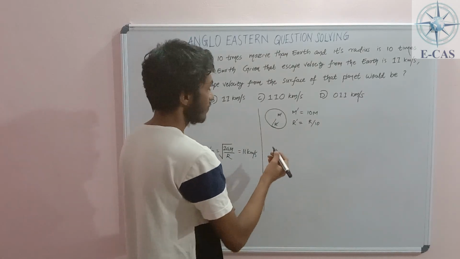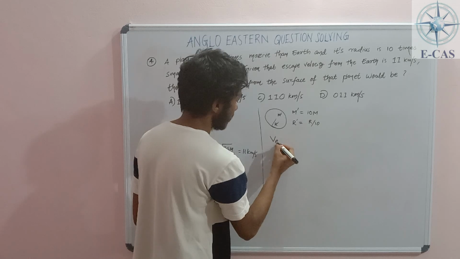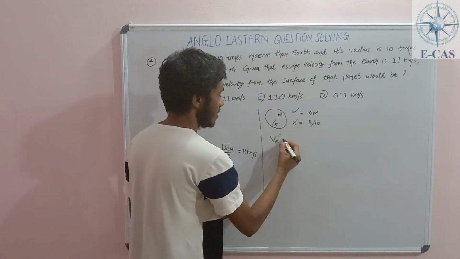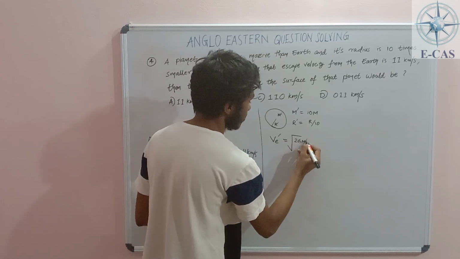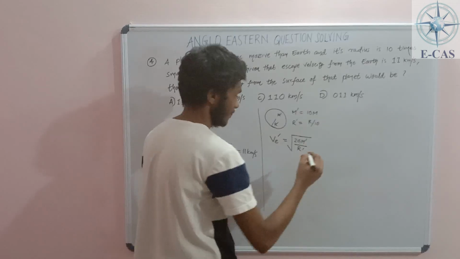In such a way, we can write that the escape velocity from the surface of this imaginary planet, v e dash, is equal to root of 2 G M dash by r dash. In this equation, we are going to substitute this data.